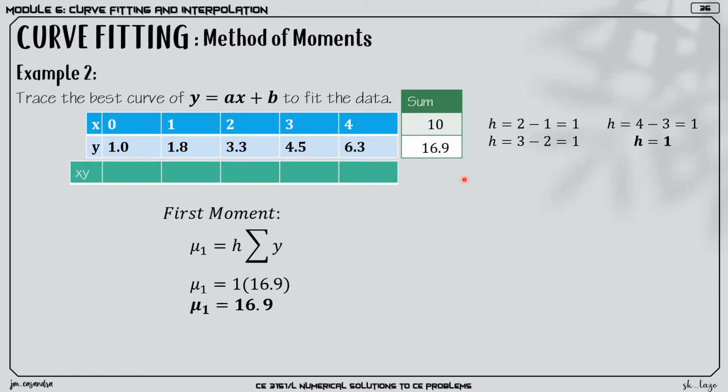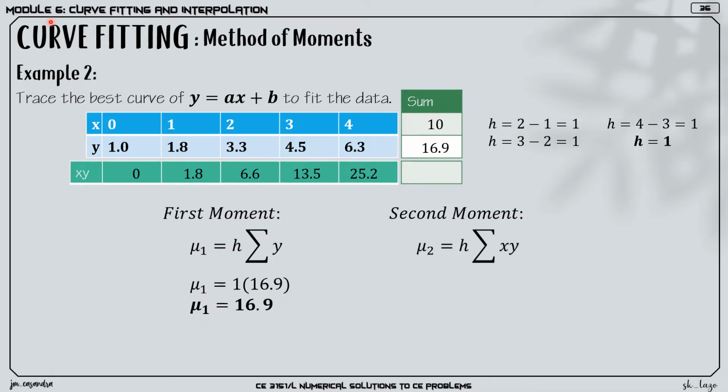second moment, we are going to need the value of the sum of xy. So for our given x's, we solve first for their values. So we have 0, 1.8, 6.6, 13.5, and 25.2, which gives us the sum of 47.1.